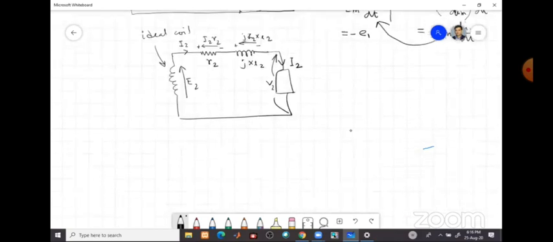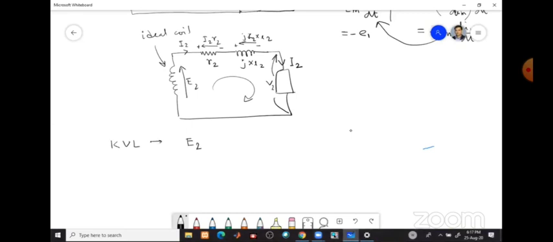The part which is left, we call the terminal voltage V2, as I have already discussed. From this, the KVL equation we can write is the last equation for the transformer, that is E2.